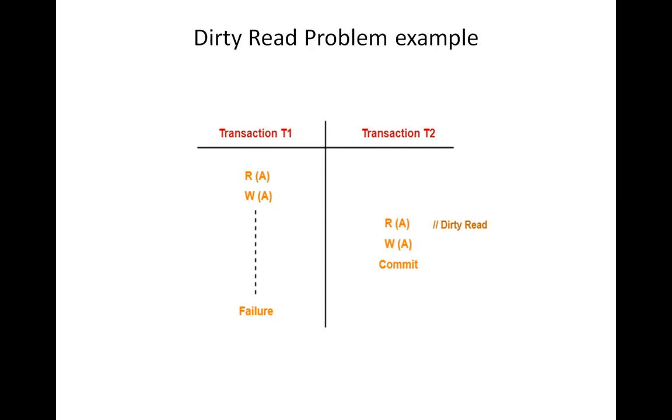So this type of problem is called dirty read problem. Dirty read does not always lead to inconsistency. It becomes problematic only when the uncommitted transaction fails and rolls back later due to some reason.